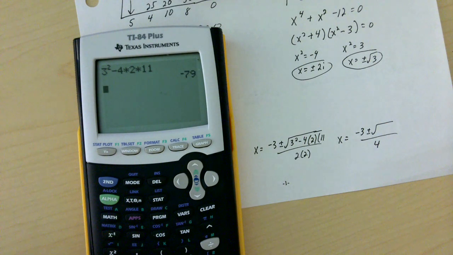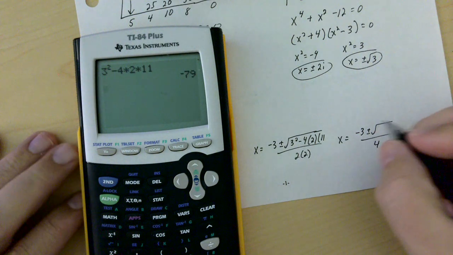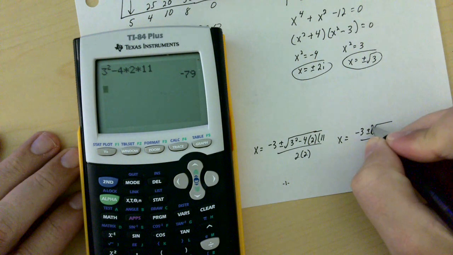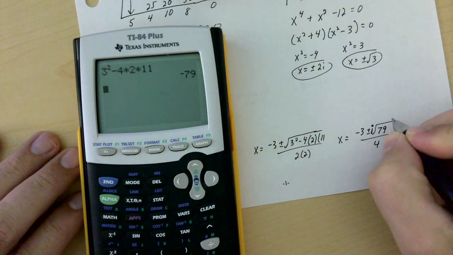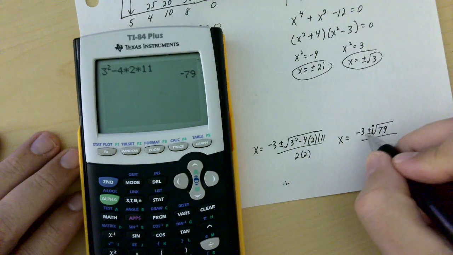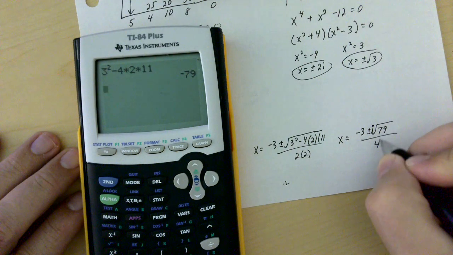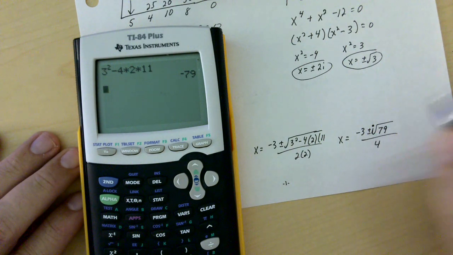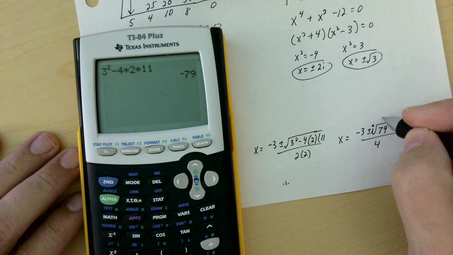And what you're going to see, it's a negative number, so it's negative 79. So I'm going to make it an i root 79. So we have two imaginary answers. So it's -3 plus i root 79 all over 4, and then the minus, -3 minus i root 79 over 4.